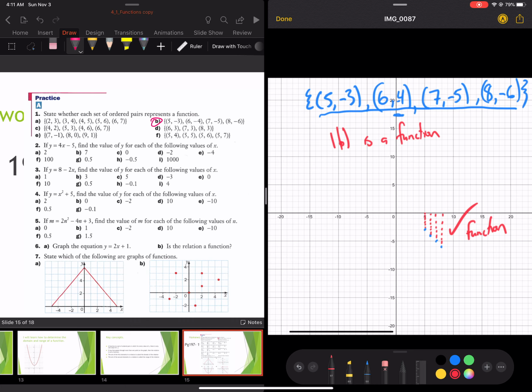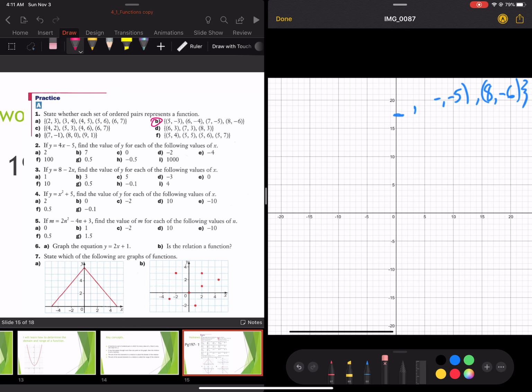Now let's do an example where it turns out that the relationship is not a function. And how do we determine that? I'll just do one example. Okay, so we're going to do D. For D, we have a set of ordered pairs: 6, 3, 7, 3, 8, 3, and that's my whole set.